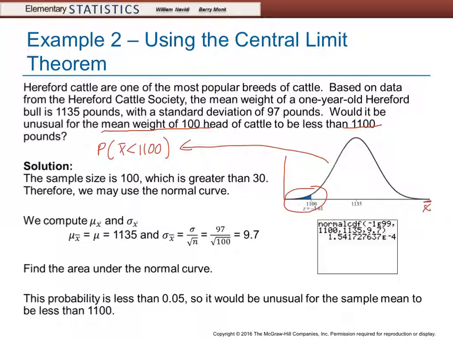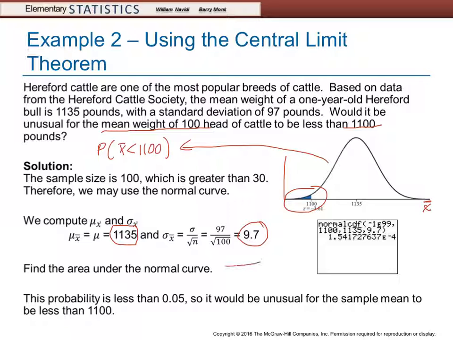We could do this by hand, which you probably should do, but we are going to use the normal CDF function. So the sample size is 100, which is greater than 30. We can therefore use the normal curve. We know what the mean value is, which is 1135, and the standard error is 9.7.